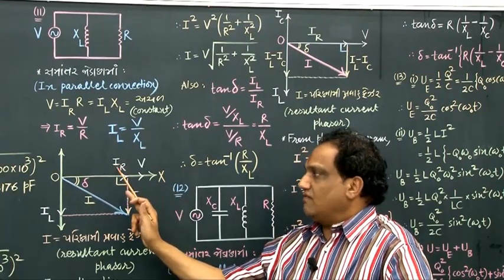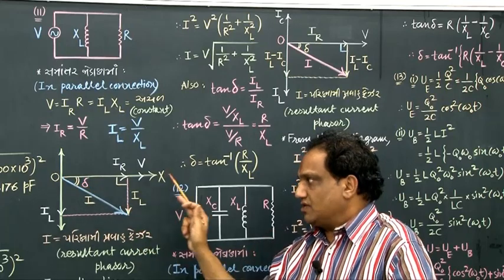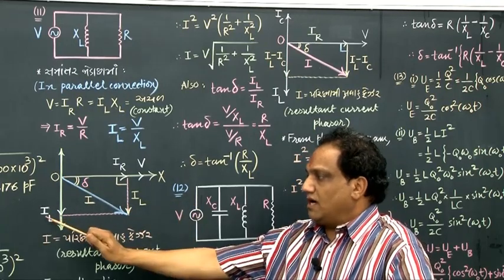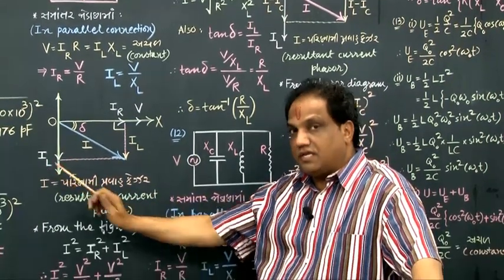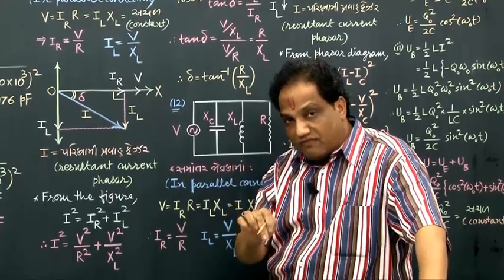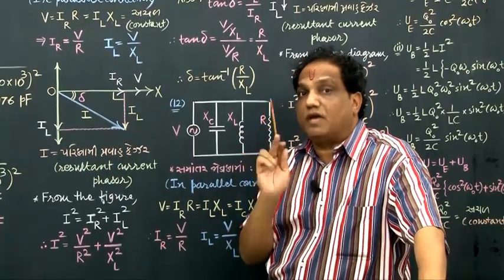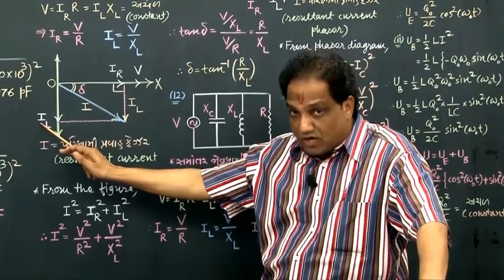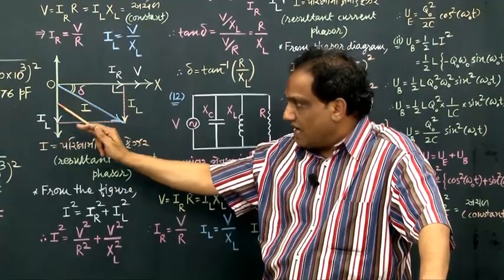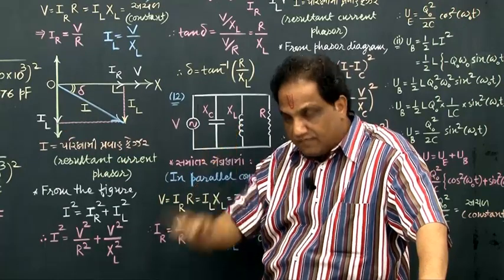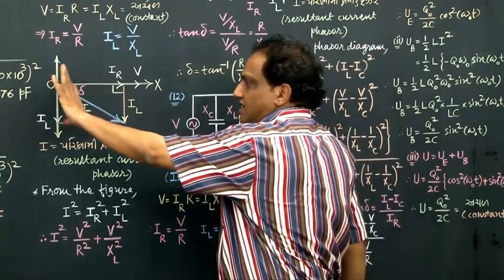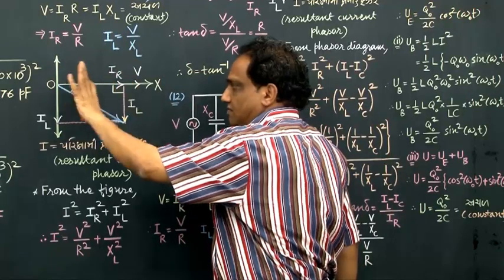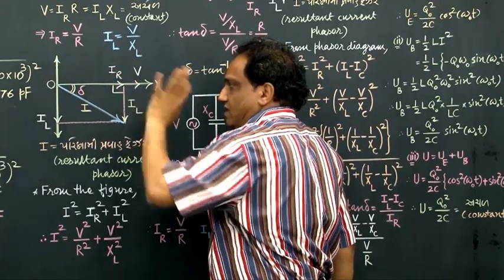That is why its current phasor must be shown in the same direction. And as far as the current passing through the inductor is concerned, it is lagging behind in phase compared to the voltage by pi by 2 radian. Because it is lagging behind by pi by 2 radian, it must be shown along the negative y-axis. Okay. Now shift this vector from here to here, correct? This phasor I am shifting from here to here.